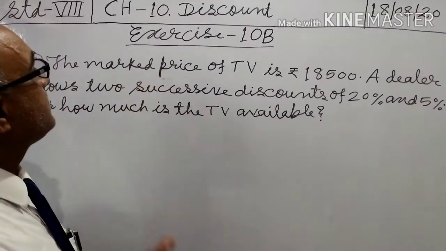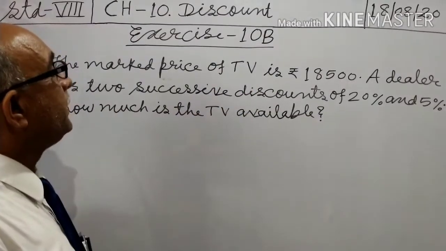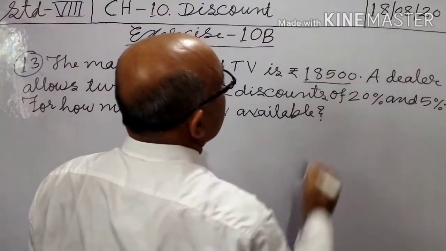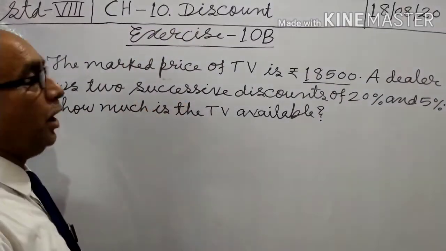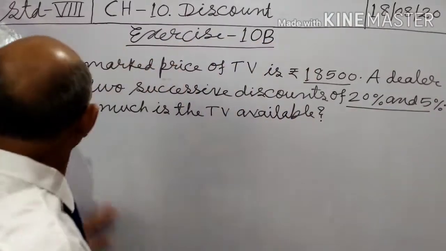The marked price of a TV is rupees 18,500. A dealer allows two successive discounts of 20% and 5%.